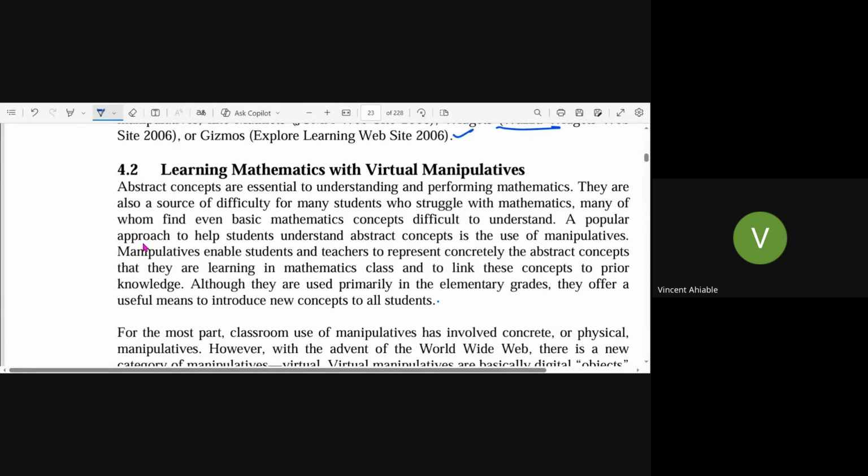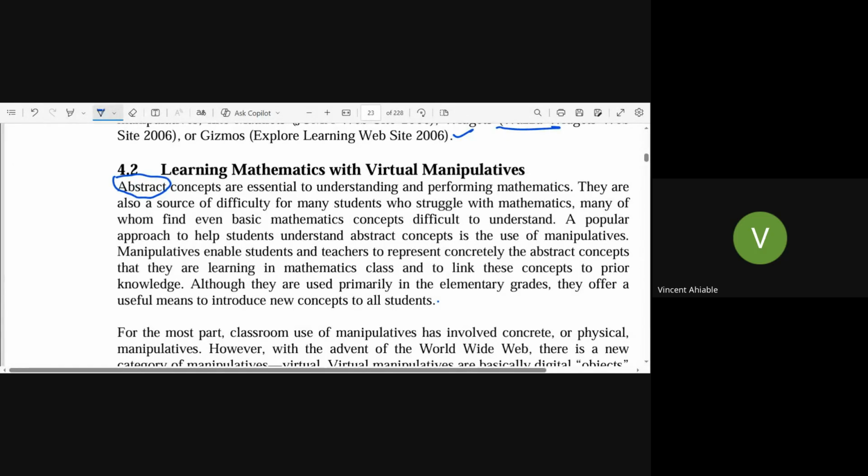Abstract concepts are essential to understanding and performing mathematics. They are also a source of difficulty for many students who struggle with mathematics, many of whom find even basic mathematics concepts difficult to understand. A popular approach to help students understand abstract concepts is the use of manipulatives.